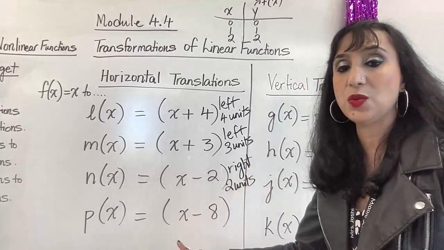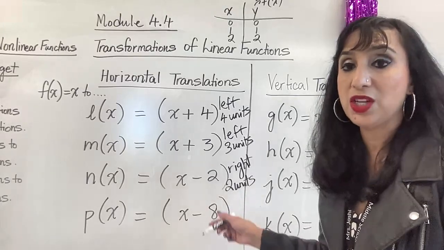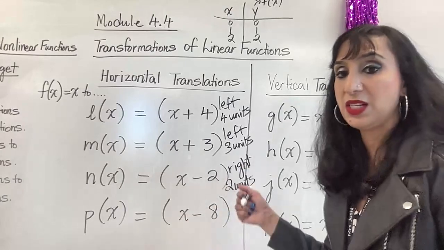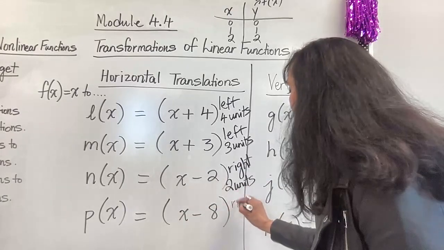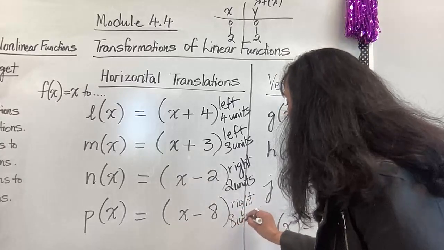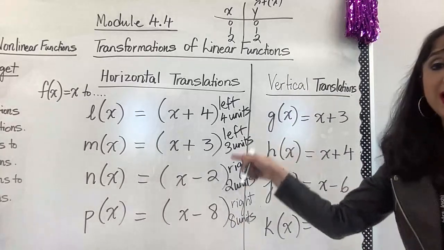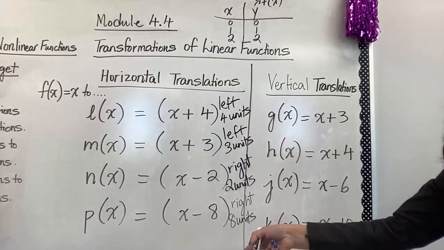And then let's look at this one. p of x is equal to x minus 8. Again, because it's minus, it's moving in the opposite direction. So this is moving right 8 units. Okay, so that is what horizontal translations are.